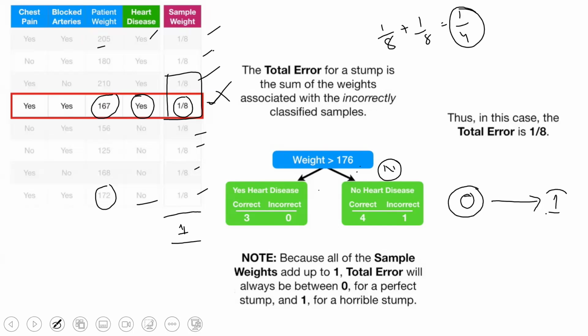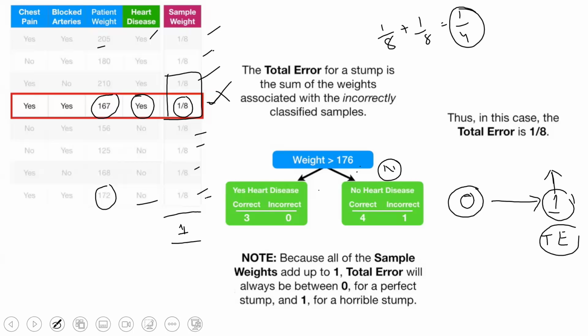If the total error is 1, that means every classification was done wrongly by the stump. Total error equal to 1 is nothing but the summation of all the records' weights, which sum up to 1, so every record is wrongly classified by the stump.